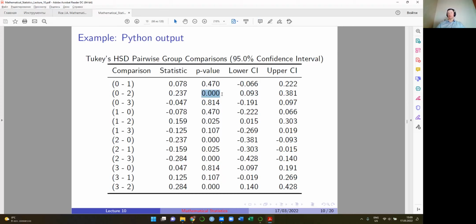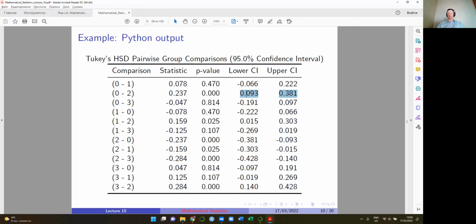And moreover, your decision is supported by the 95% confidence interval. Look at the lower confidence level, upper confidence level. You see that 0 falls into this confidence interval, into the first one. What does this mean? If 0 is there, then there is a high chance that there is no difference between mean productivity of the first and second wells.